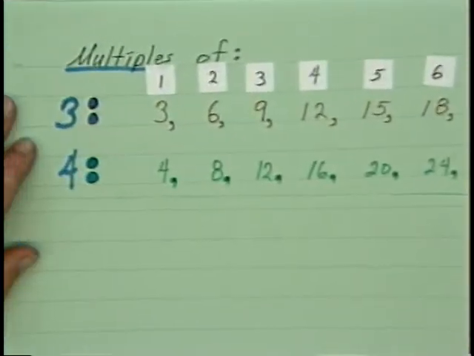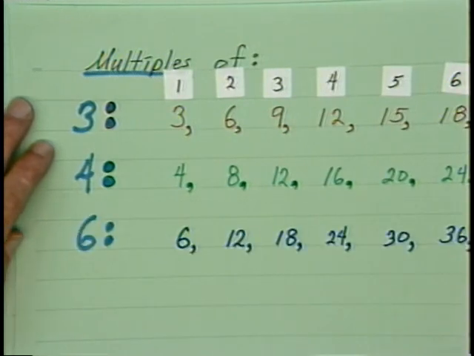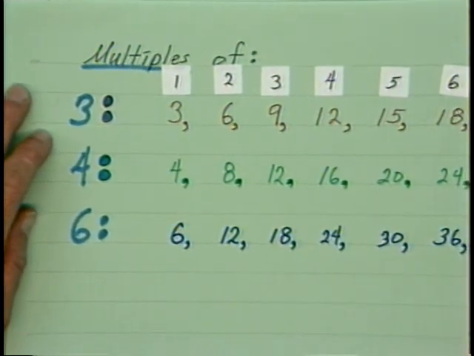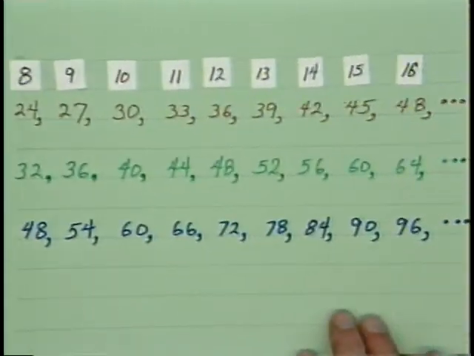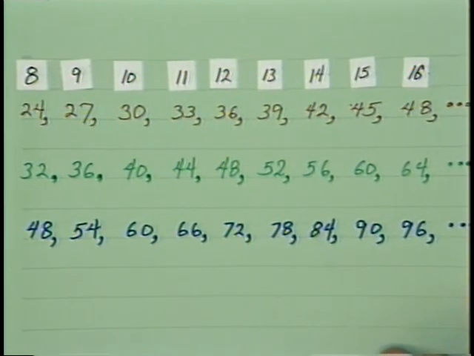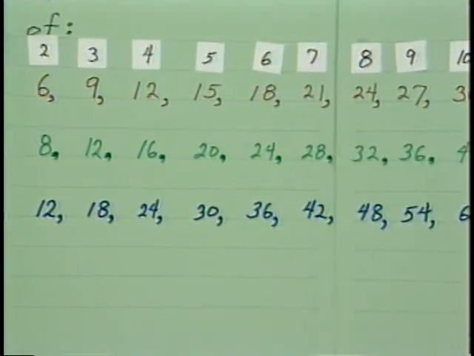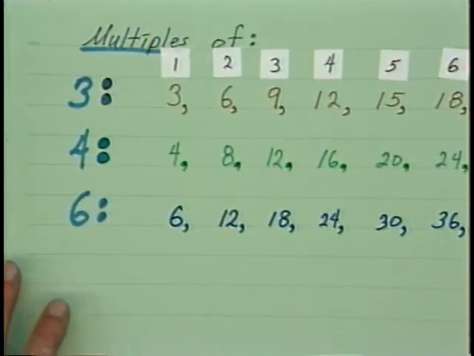So now if we also want the multiples of 6, 6 times 1, 6 times 2, etc. Is all of this coming back from the last chapter? It's very, very important. So we do have list of the multiples of 3, 4, and 6.